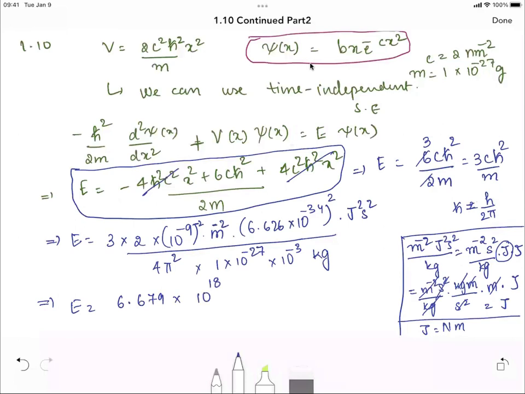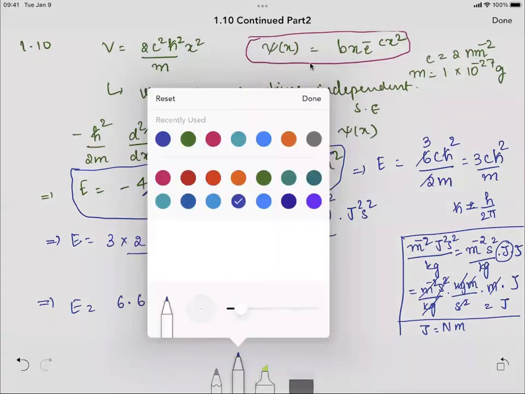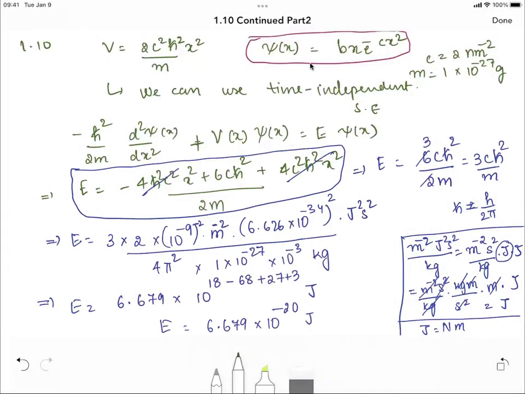And here I have negative 68. And from the denominator, I have plus 27 plus 3 joule. So energy is going to be 6.679 times 10 to the power 18 minus 68 plus 30. So that's negative 20 joule. So the energy of the system is given by this value.